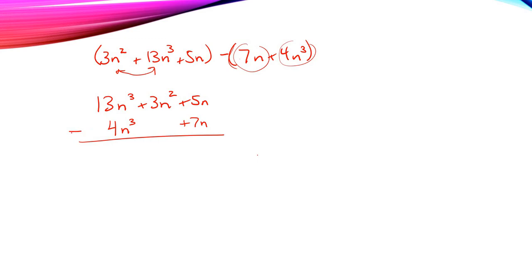Again, for subtraction, I'm going to change this to addition and change the signs of everything in my terms. So 13n cubed minus 4n cubed is 9n cubed. There's no n squareds to add to this, so it still is 3n squared. And then I've got a positive 5 and a negative 7, negative 2n. So that's the vertical method for our subtraction problem.